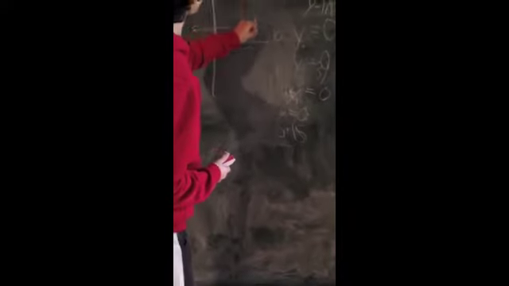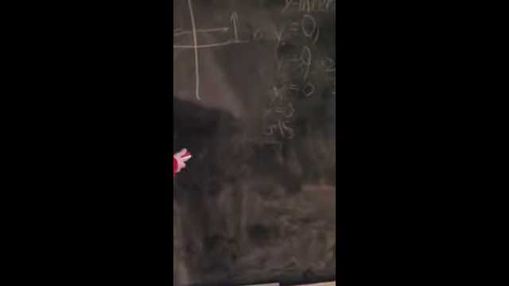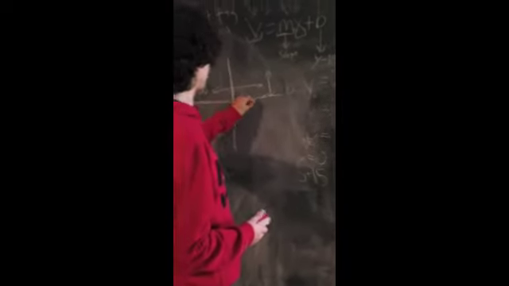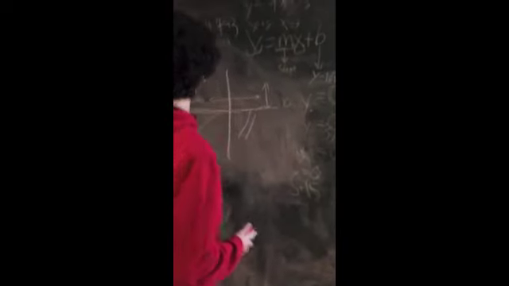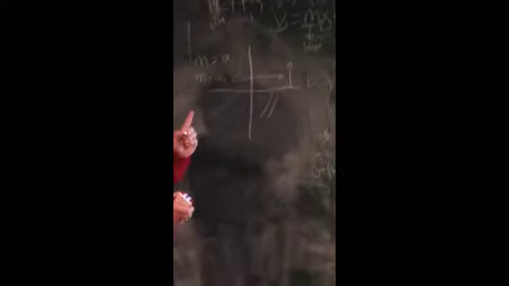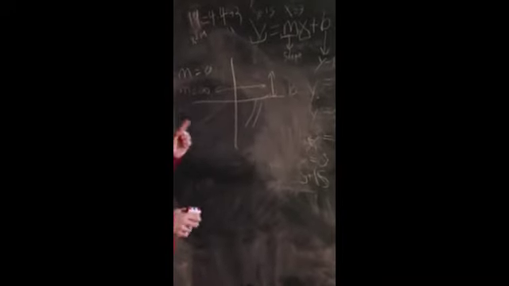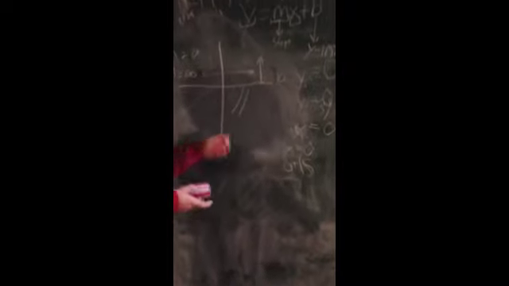A vertical line has a rise but no run, therefore it has an infinite slope.